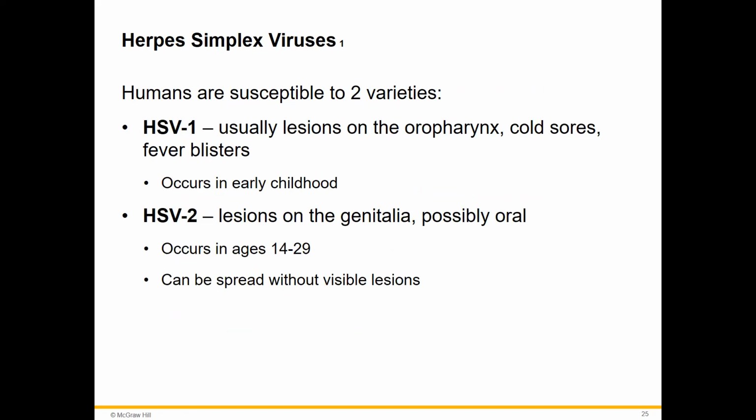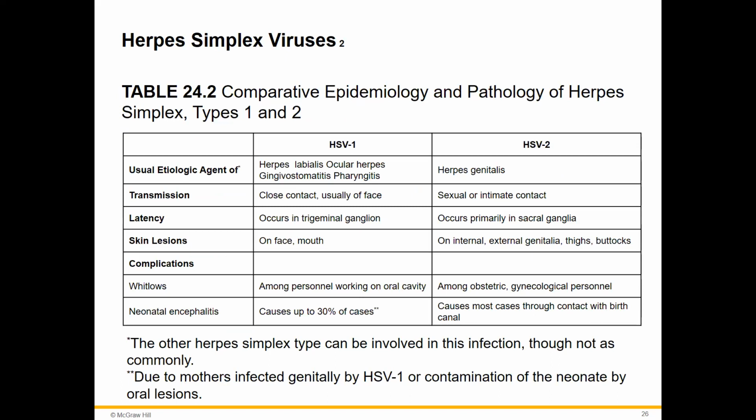So a little bit more about HSV. So herpes simplex virus 1, like I mentioned, typically the mouth, HSV 2, typically genital lesions, but doesn't have to be. When it comes to transmission, again, close physical contact. It can be spread though, even when there's no active lesions present, but definitely spread and transmission will increase when there's an active lesion present.